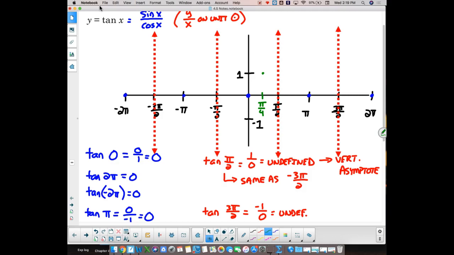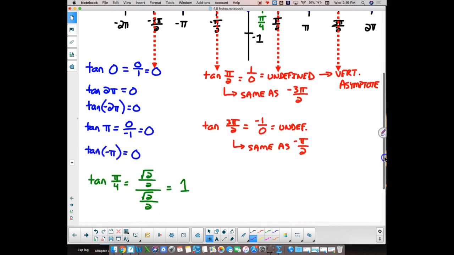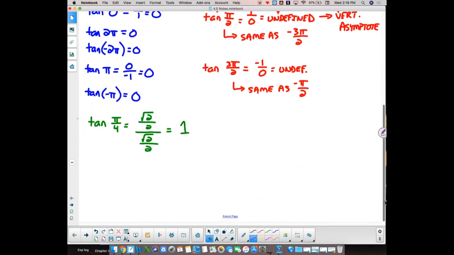Do we have something in between pi over 4 and pi over 2? Do we have a point on our unit circle in between there? Pi over 3, right? Okay. So what is the tangent at pi over 3?